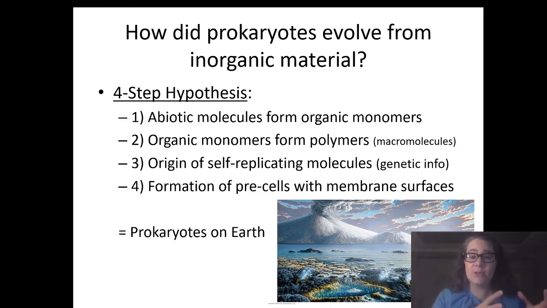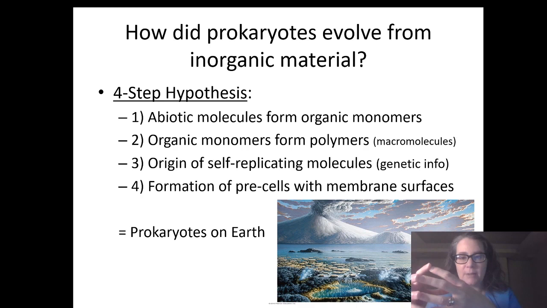And nucleic acids have something called a nucleotide that repeats over and over. So the first step of our hypothesis is going from non-living materials to these single unit monomers like amino acids, simple sugars, simple fats like triglycerides, and these nucleotides that build our genetic information.